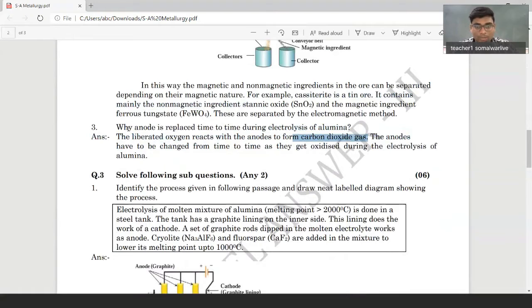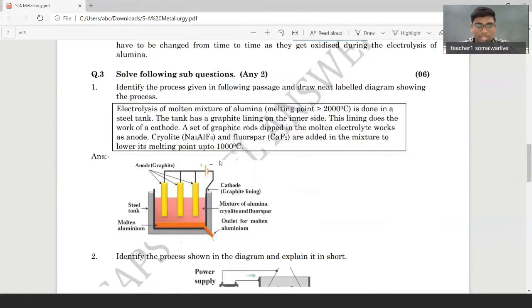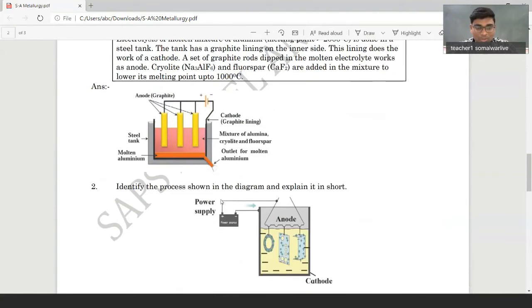So it is necessary to replace the anode from time to time because of oxidation. Now this was the easiest question. You have to write this information and draw the diagram. This would be the diagram which represents the electrolytic reduction of alumina. So it was the simplest question.